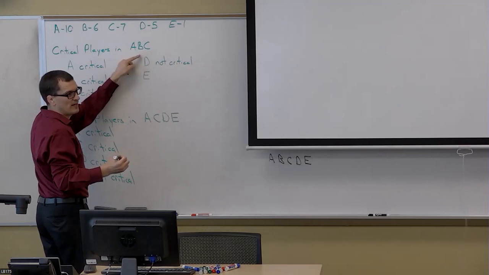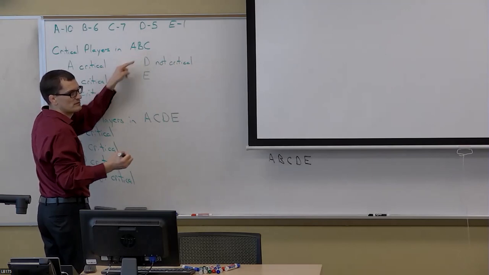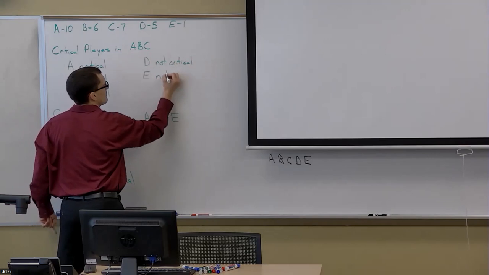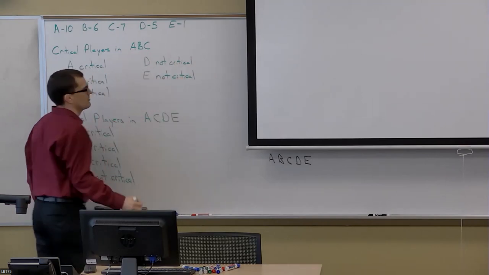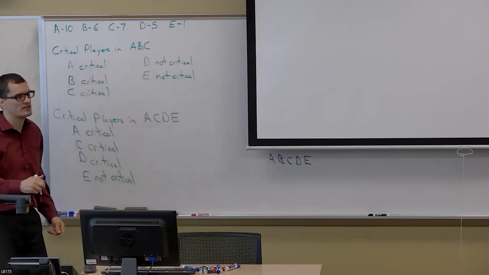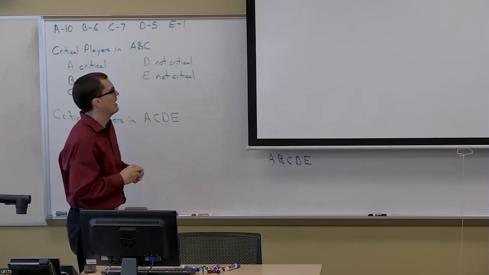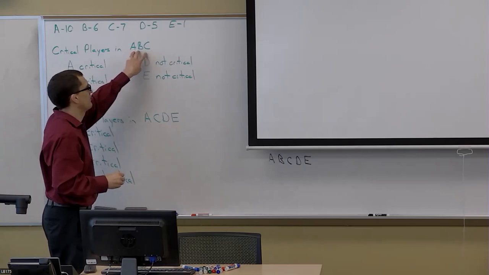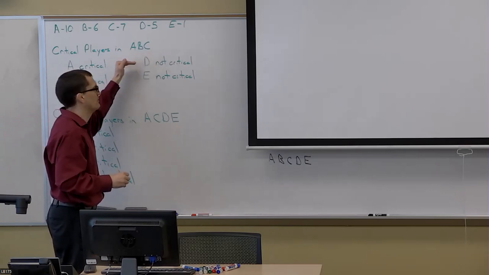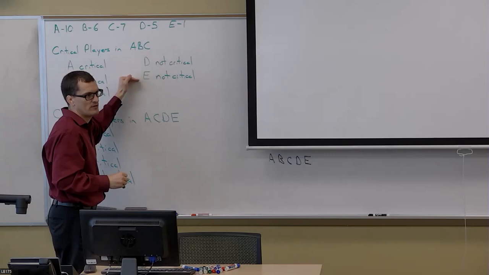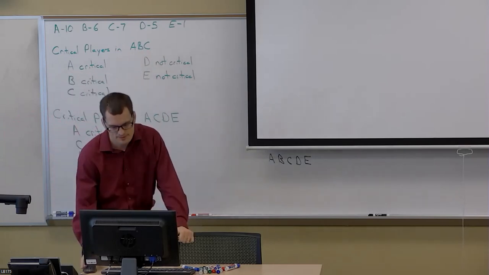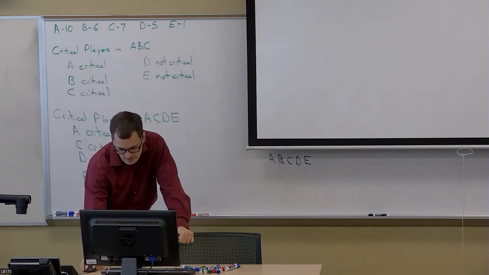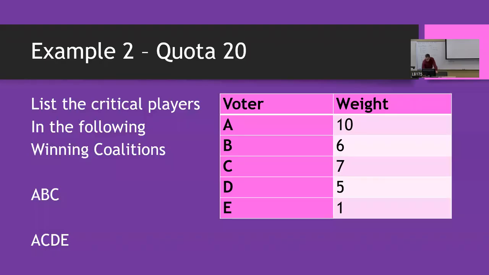So if I drop them out, there's no change. So just for the sake of argument, if an individual is not in a winning coalition, it's by default not critical to that winning coalition because dropping them out doesn't do anything. All right.